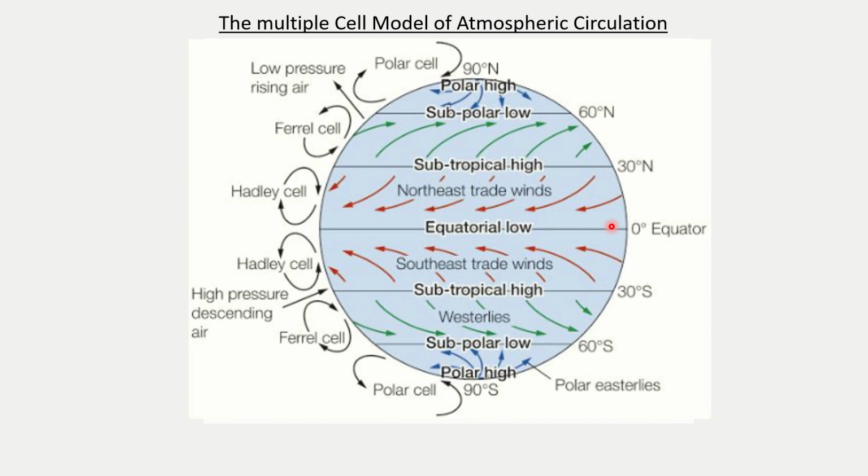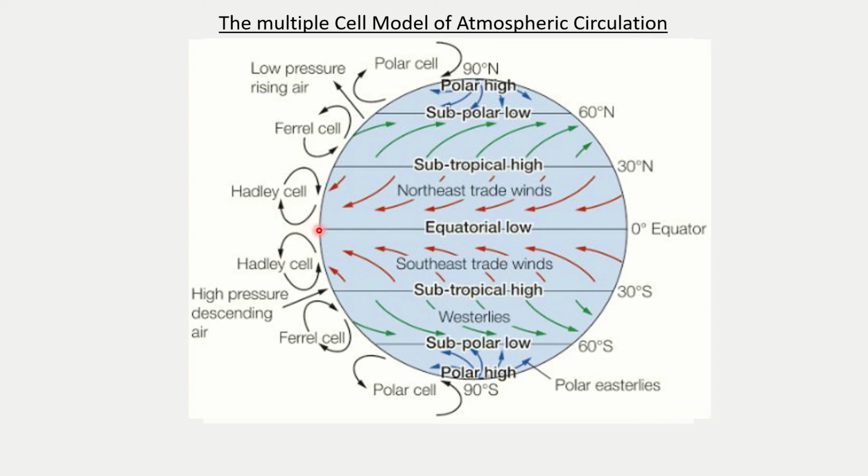This is a slightly more complex diagram, and it serves the purpose of familiarizing ourselves with some terms. When we talk about the equator, you might hear me refer to the equatorial low. That is because, as you can see on the diagram, the air in the Hadley cell is rising away from the equator, and so it is low pressure air.